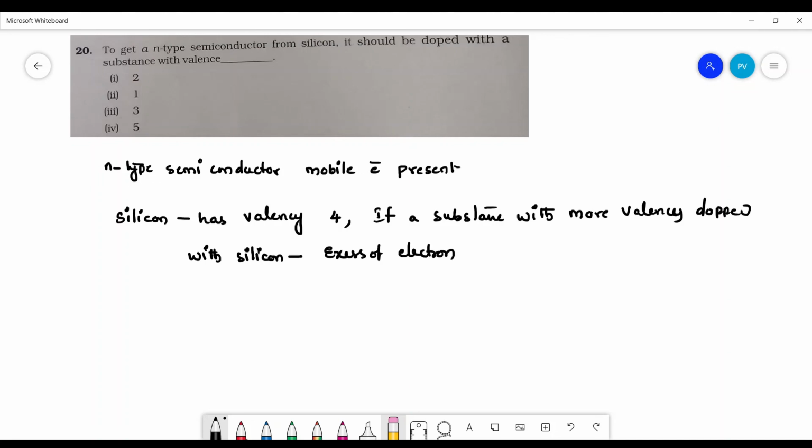From the given options, valency 5 is there. So valency 5 is the correct option.